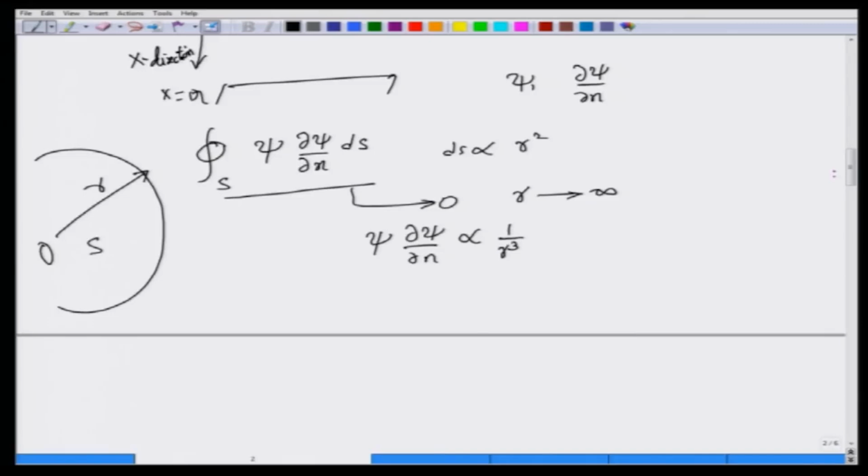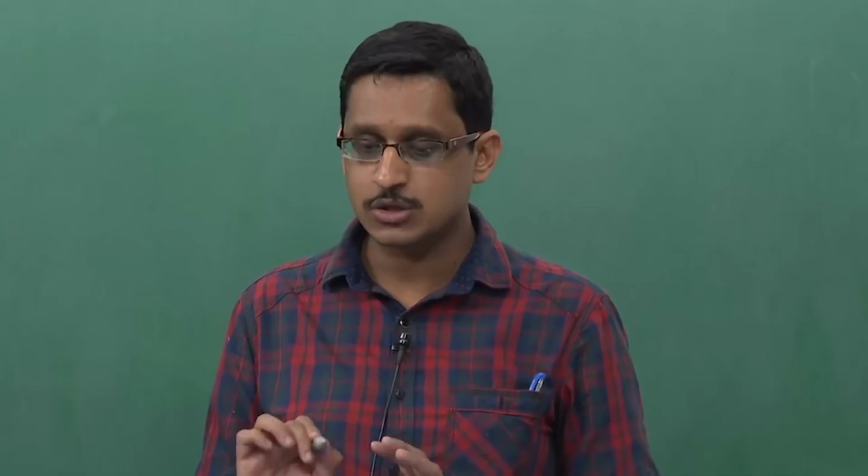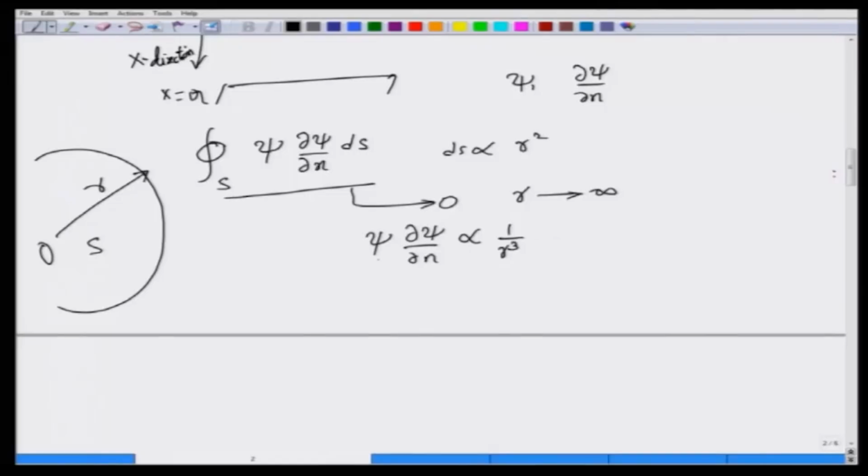It must go at least as 1 by r cube, so that when you multiply by r square, which is the proportionality factor for the surface area, the product goes as 1 by r, and in the limit of r tending to infinity, 1 by r goes to 0, and your integration would essentially go to 0.